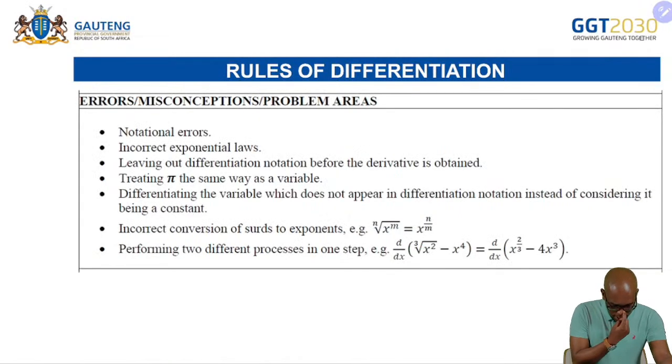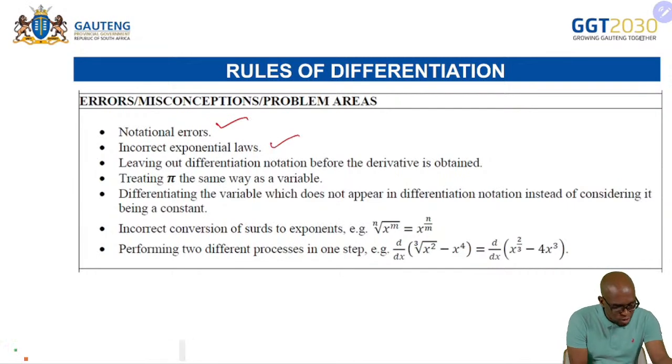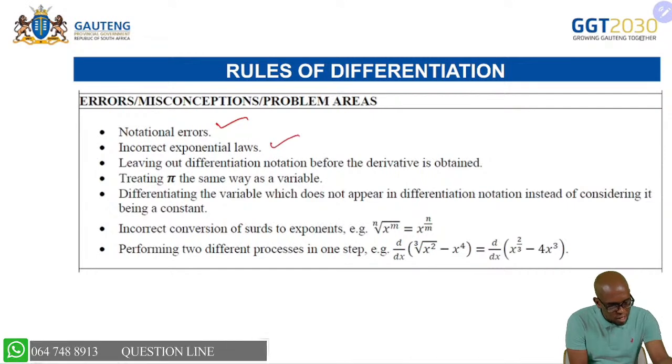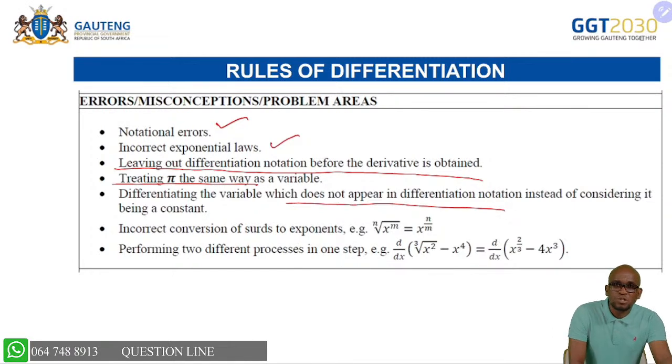Right. We are moving on to the rules of differentiation. Here we are seeing a lot of errors. In terms of notation, you make a lot of notational errors. There's incorrect use of exponential laws, and leaving out differentiation notation before the derivative is obtained, treating alpha the same way as you treat a variable. You sometimes differentiate a variable which is not included in the notation.